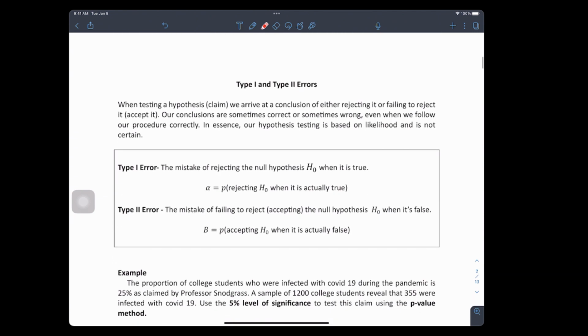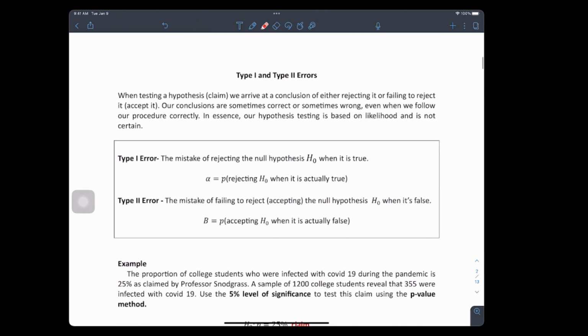So I want to remark technically on a technical situation: there's a possibility of errors, and there's two types of errors. When testing a hypothesis, we arrive at a conclusion of either rejecting it or failing to reject it, which means accept it. Our conclusions are sometimes correct, sometimes wrong, even when we follow our procedure correctly. In essence, a hypothesis test is based on likelihood and is not certain.